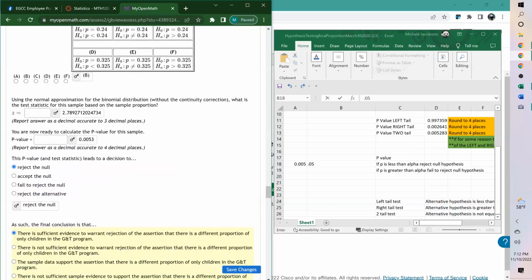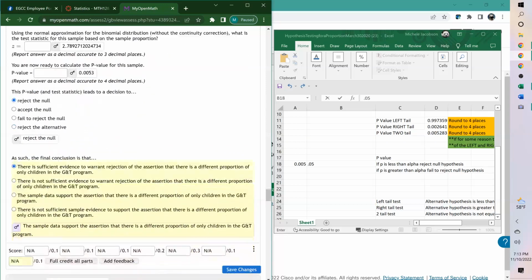It should be everyone, because there was sufficient evidence to warrant rejection of the assertion that there is a different proportion. The sample data supports the assertion that there is a different proportion of only children. These are both saying the same thing.